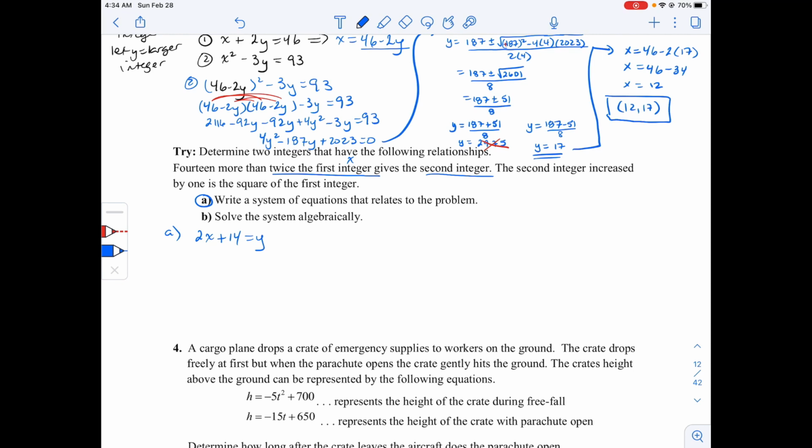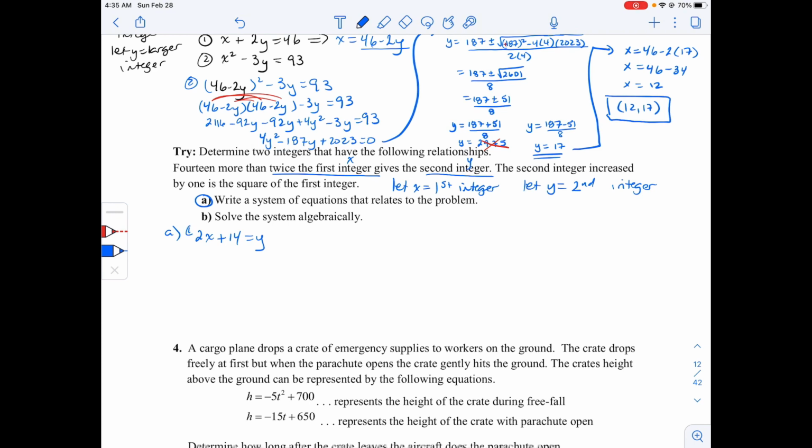And we would define our first integer as x and our second integer as y, and we would write that down. Let x equal the first integer. Let y equal the second integer.